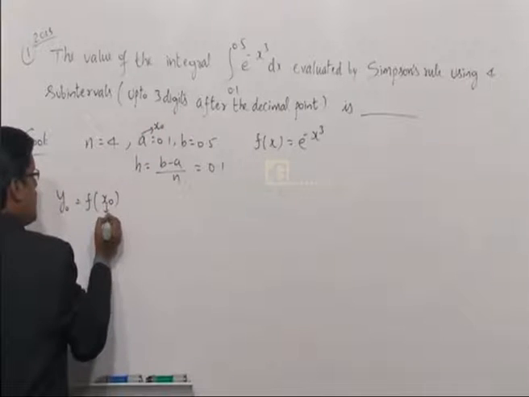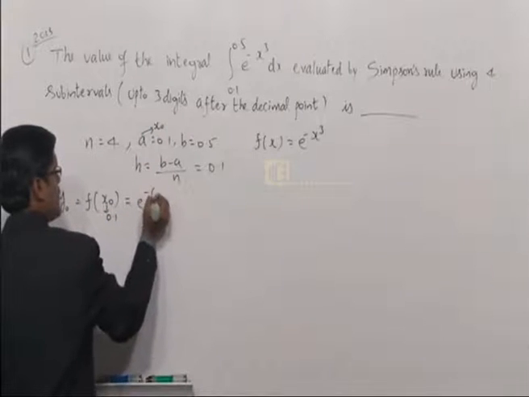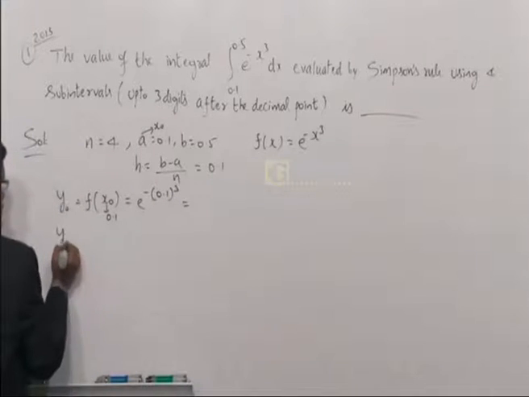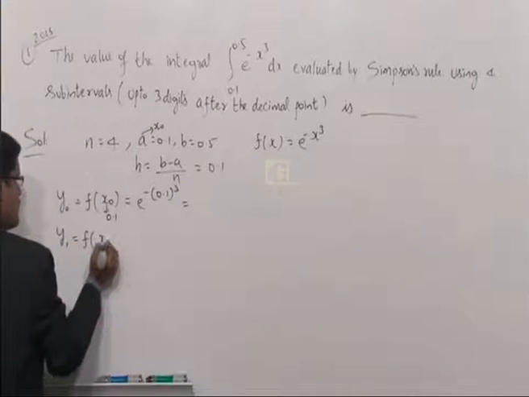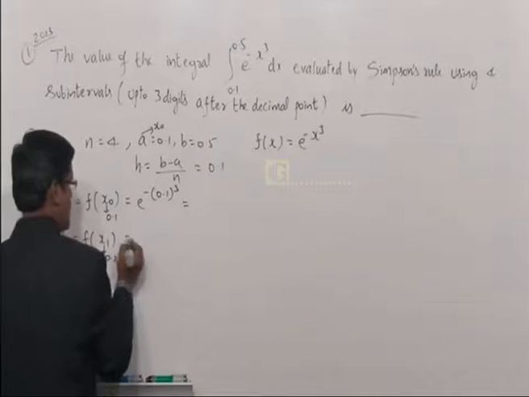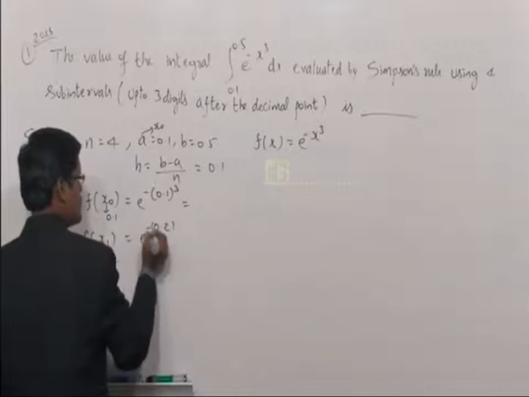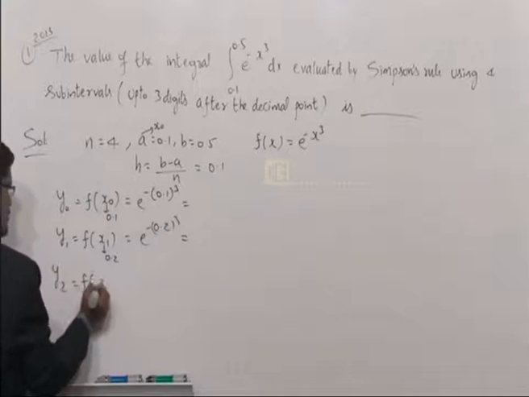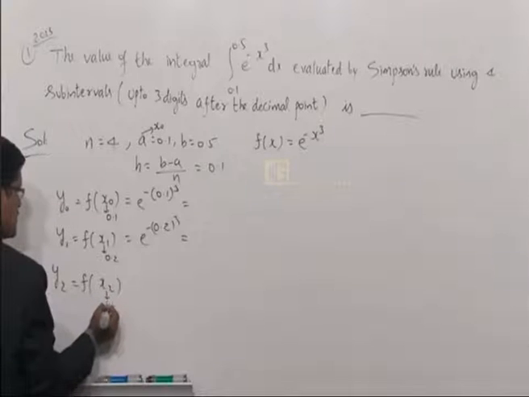So that means 0.1, that is exponential minus 0.1 whole cube. Next, y1, f of x1. What is x1? x naught plus h. I have already explained. Exponential minus 0.2 whole cube. y2, f of x2. x2 is x1 plus h, that is 0.3.